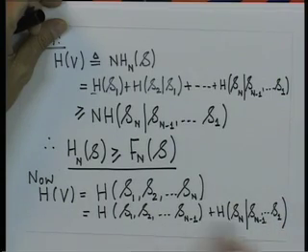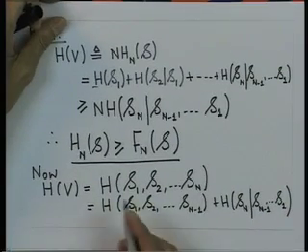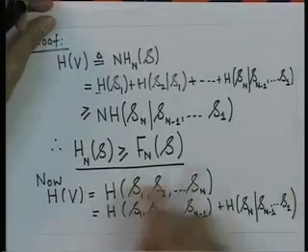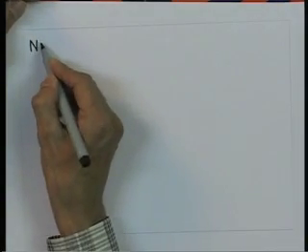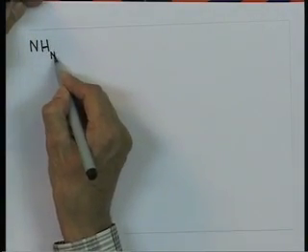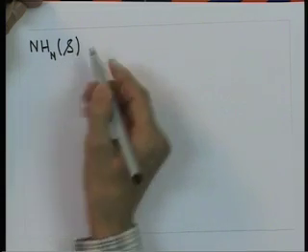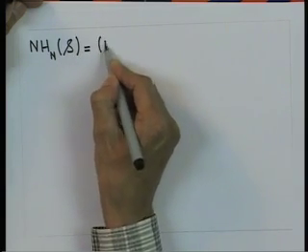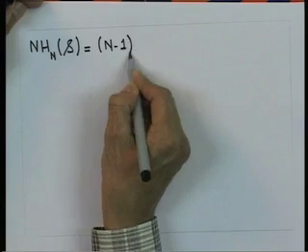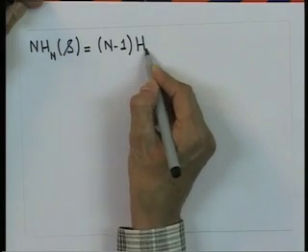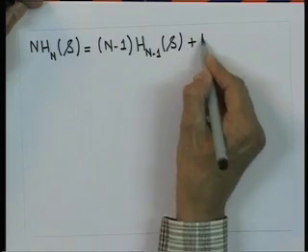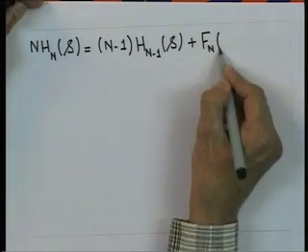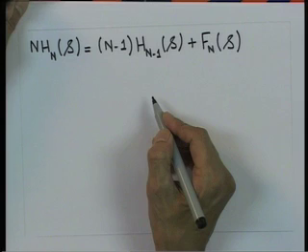So, this relationship can be written like this. Now, from this relationship and this relationship, I can write n HnS is equal to n minus 1 times H n minus 1 S plus FnS.